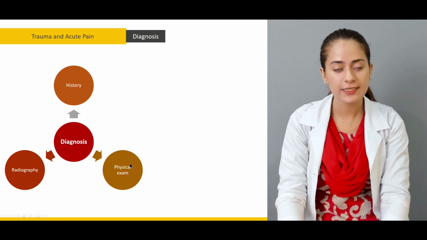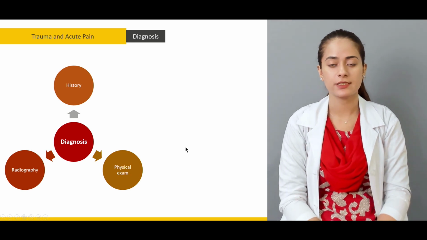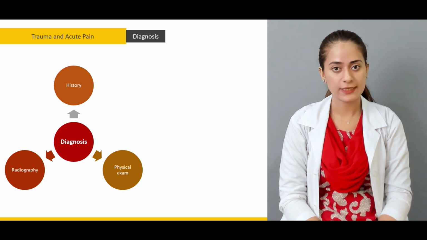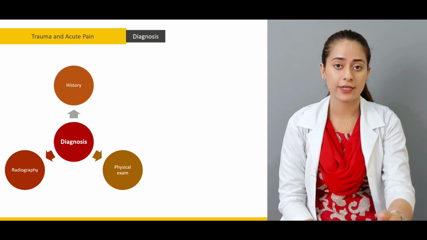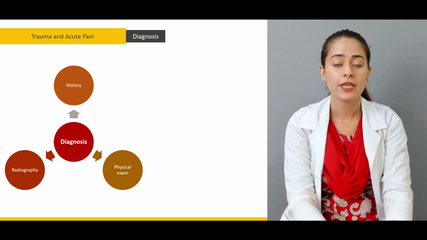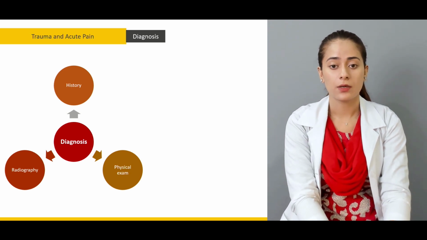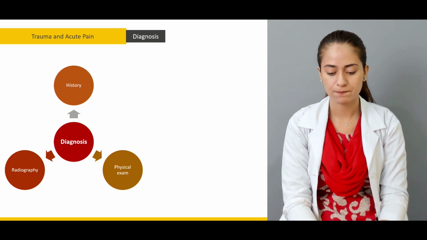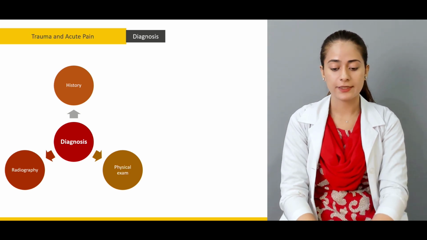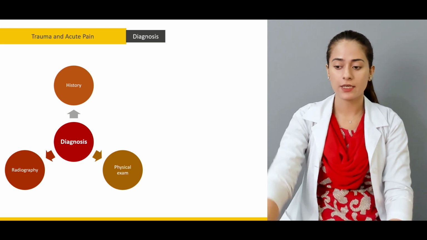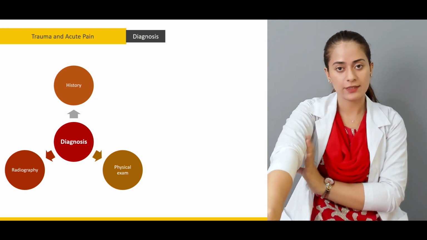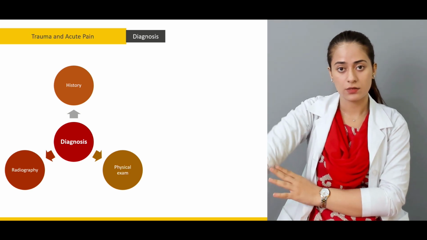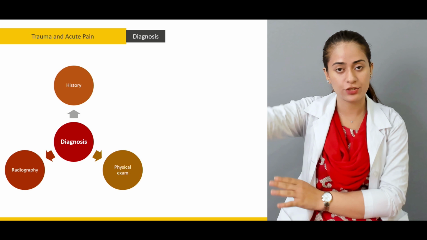In the physical exam, like I said, Neer's impingement test is used. First, you have to counsel the individual that there is going to be pain associated with this test if there is a rotator cuff injury. The patient is asked to internally rotate their arm and then raise it towards the roof.